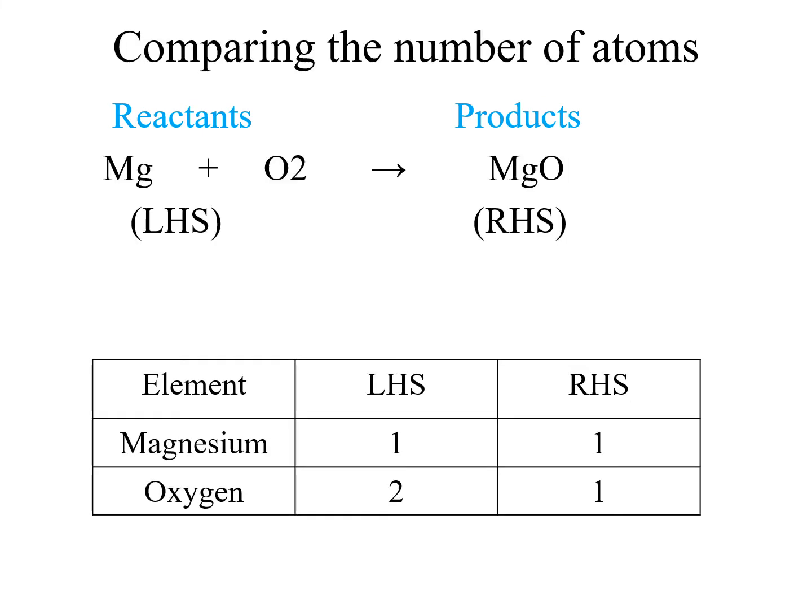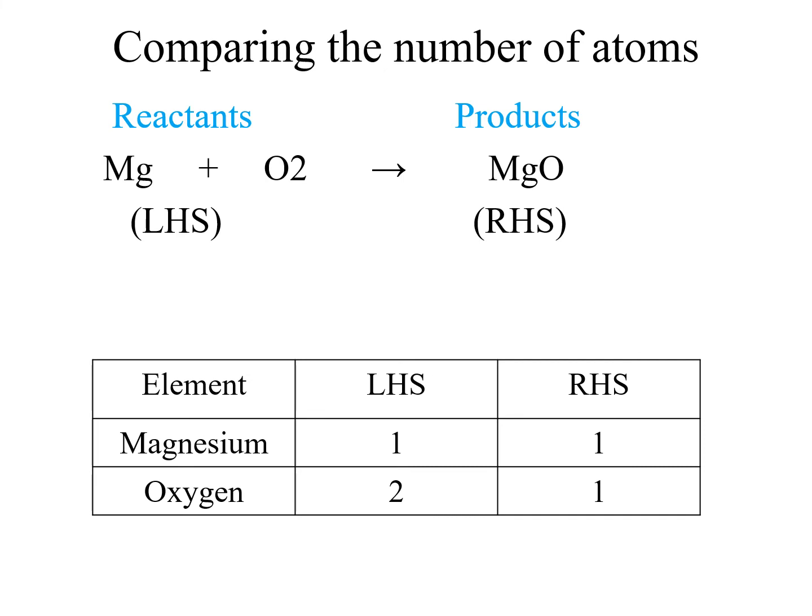Now let us compare the number of atoms of the reactants and the products to know if the equation is balanced or unbalanced. Here you can see that there is one atom of magnesium on the left hand side and one atom of magnesium on the right hand side.